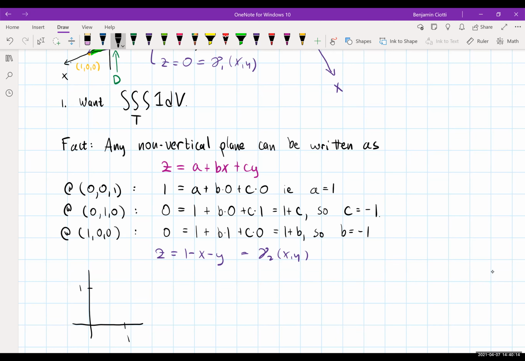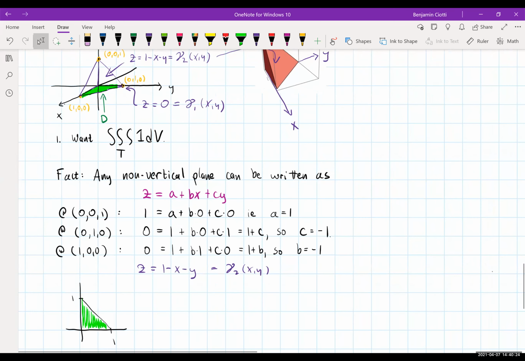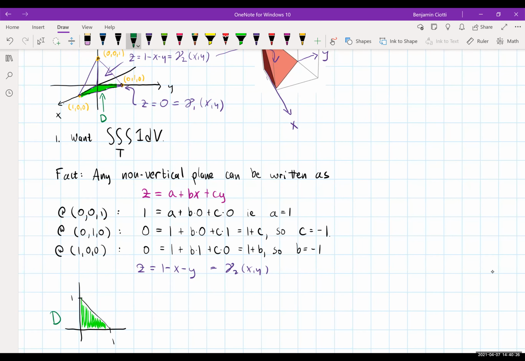Let me call this triangle D, and let's take a look at D, where x and y live in the xy plane. So here's the region where x and y live, what I call D in that picture. This is meant to be the y and x axis. It's the bottom of the tetrahedron.